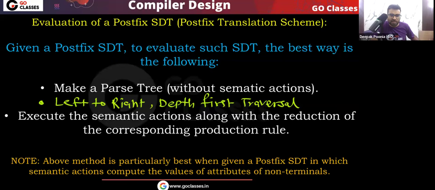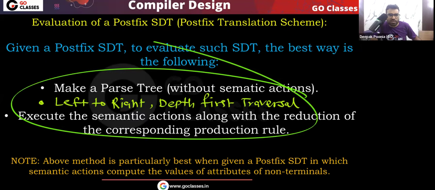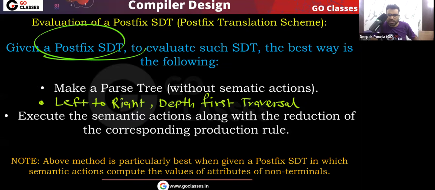And then we will execute semantic actions along with reduction of the corresponding production rule. Okay, very simple. And I told you that this method, of course, is applicable only for postfix SDT, and this is the best method to evaluate any postfix SDT.